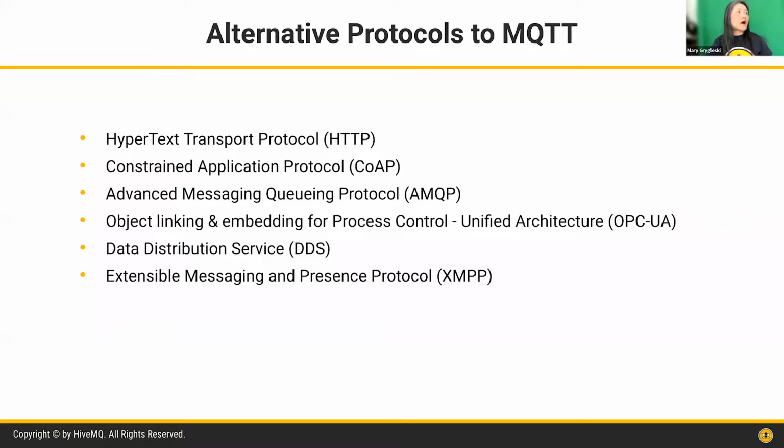And then there's also Object Linking and Embedding for Process Control Unified Architecture, whose acronym is OPC UA. This one is more prevalent on the manufacturing factory floor, right? And that came out of the factory digitizing environment.